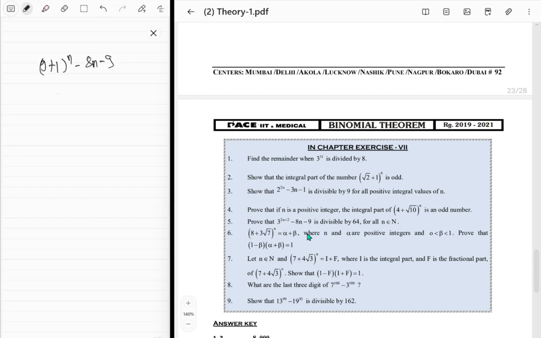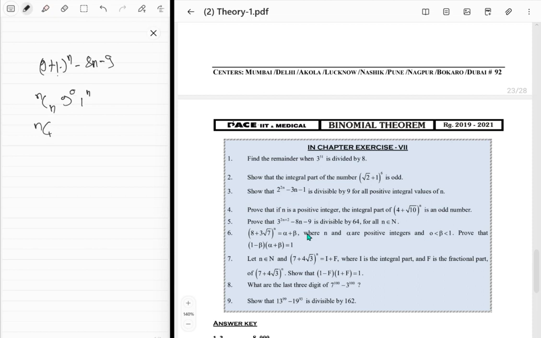So the one with the highest power of this one will be nCn, and you got 9 power 0, and you got 1 power n.